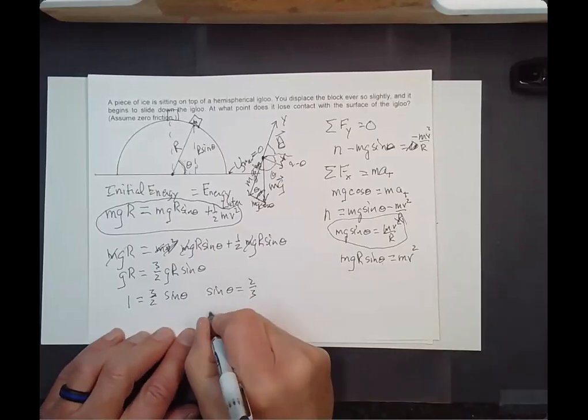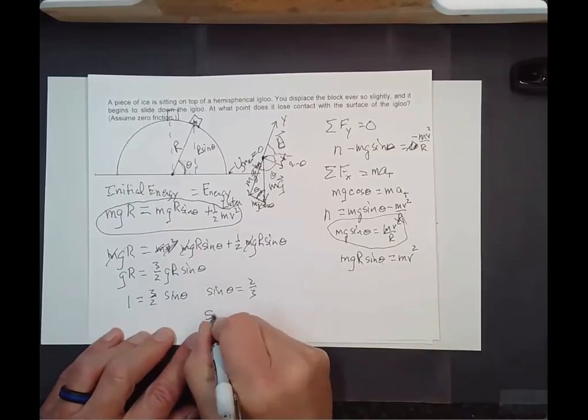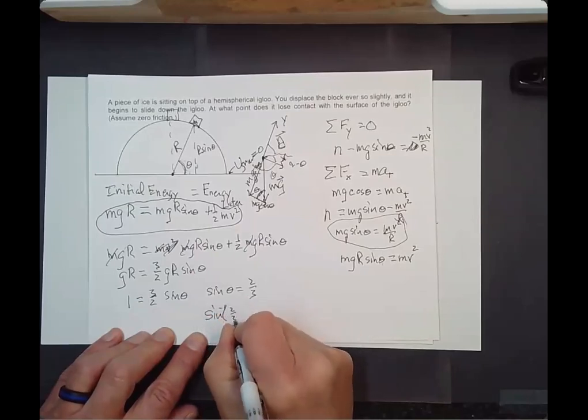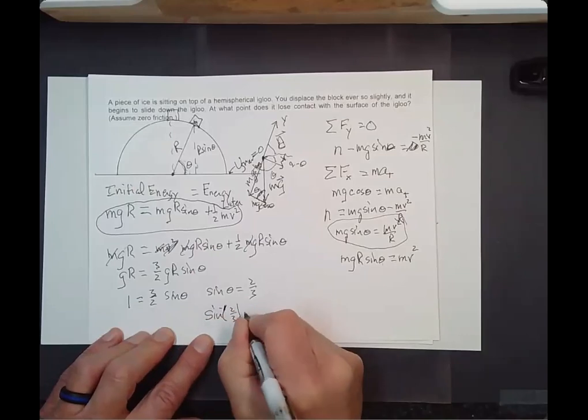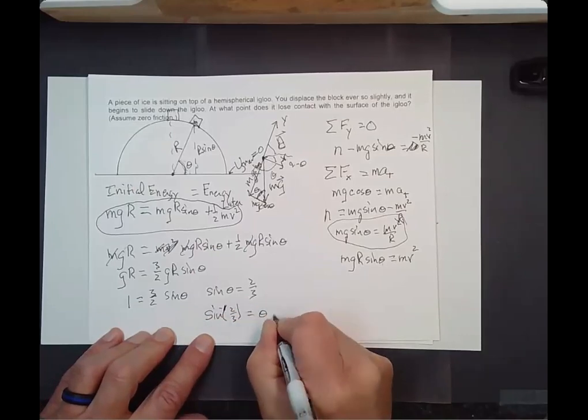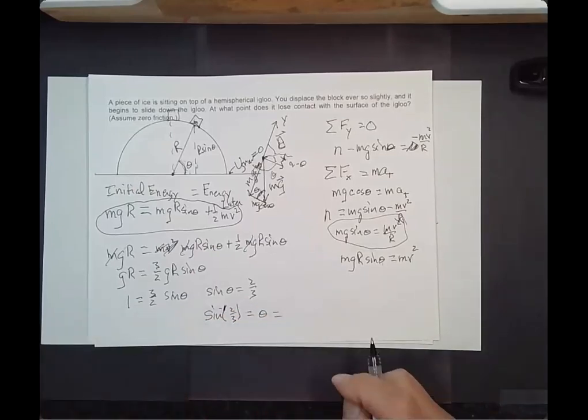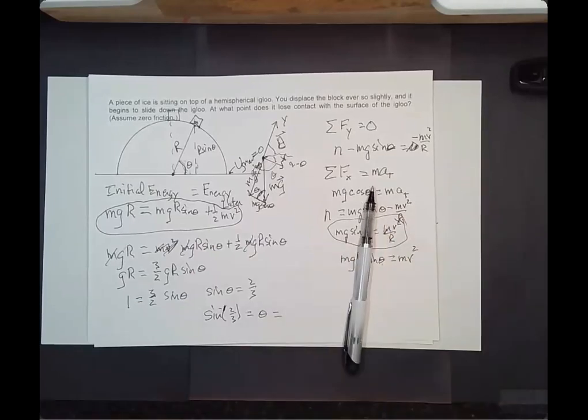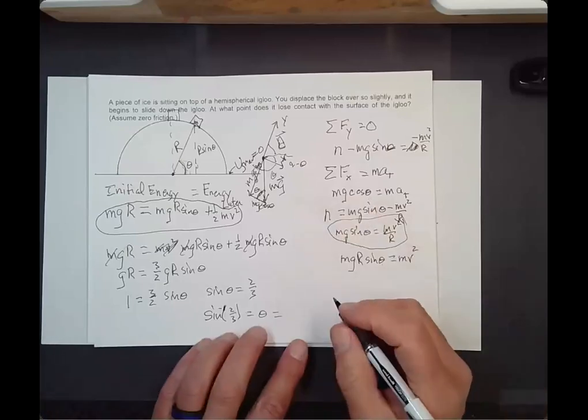And now it's just a matter of the inverse sine of 2/3, that's a -1 there, is equal to theta. And whatever the inverse sine of 2/3 happens to be, I get about 42 degrees.